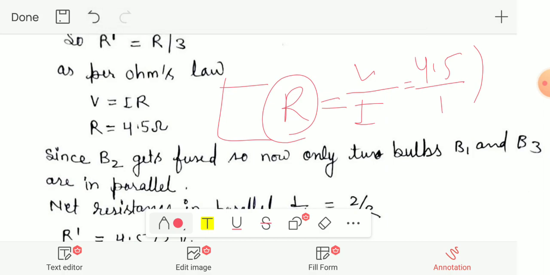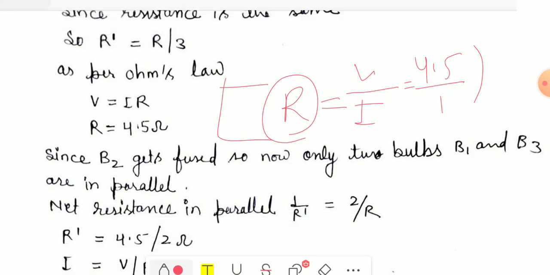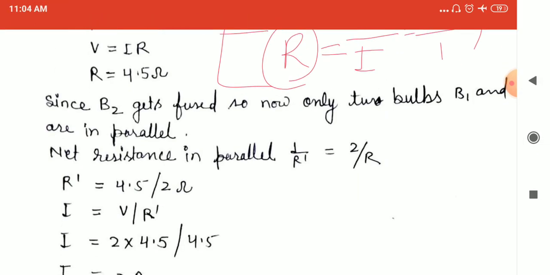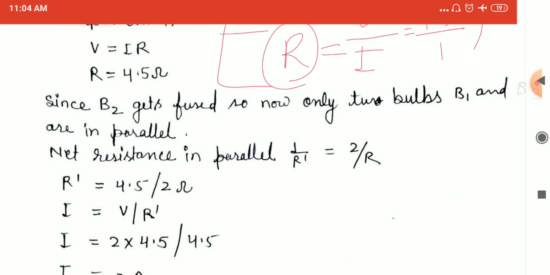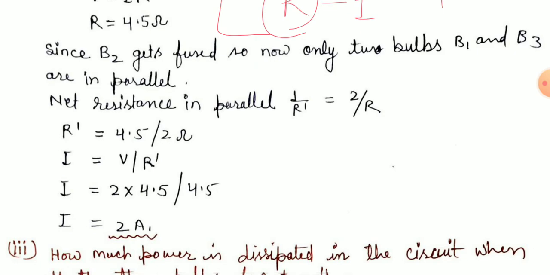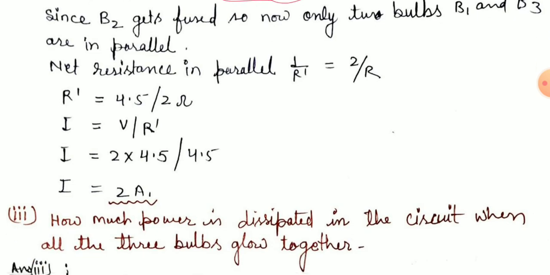Since B2 gets fused, now only 2 bulbs B1 and B3 are in parallel. The net resistance in parallel, 1 upon R dash equals 2 upon R, or R dash will be equal to 4.5 upon 2 ohm.